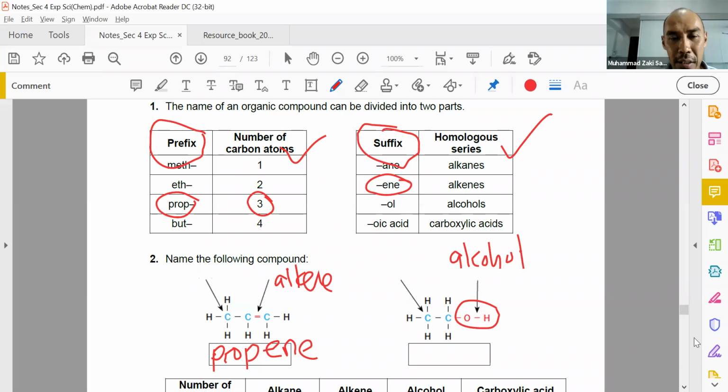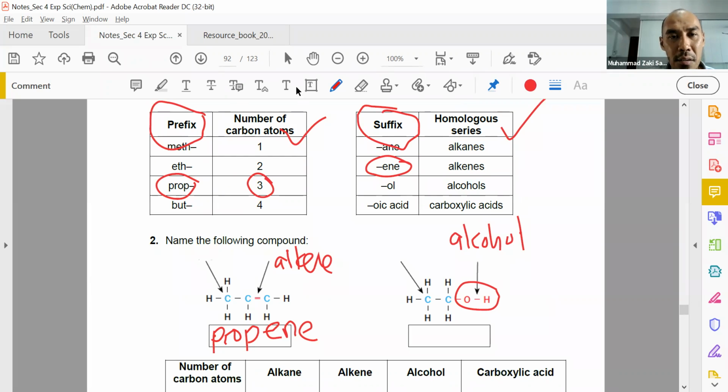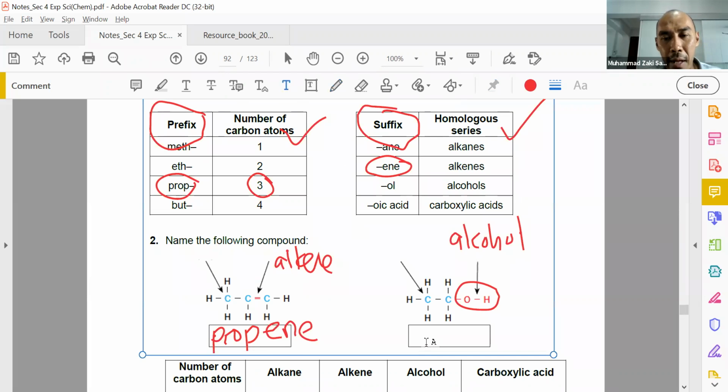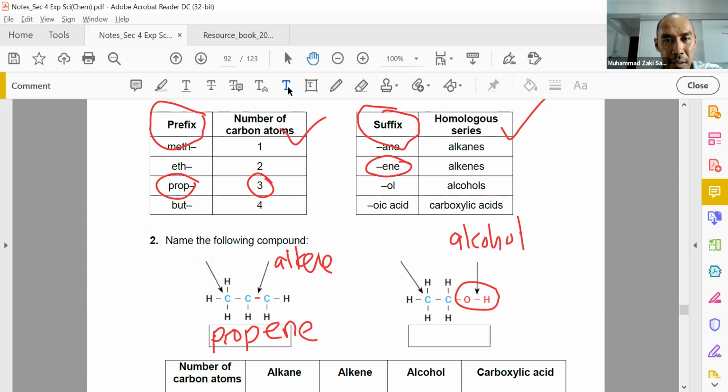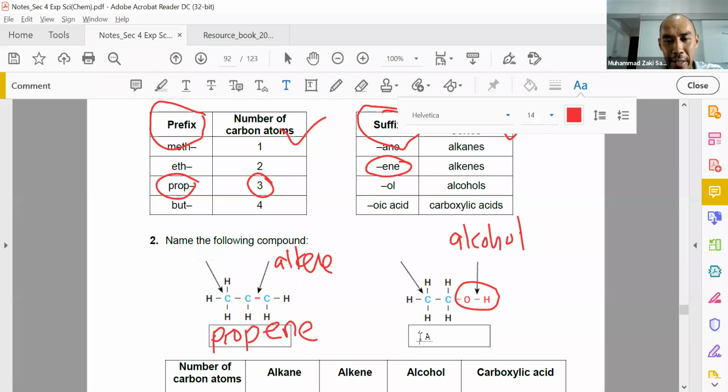Can you try to give me the name for this alcohol? Eth, anol. Ethanol, yes. Do you find that name familiar? Ethanol is found in most hand sanitizer and alcoholic drinks.